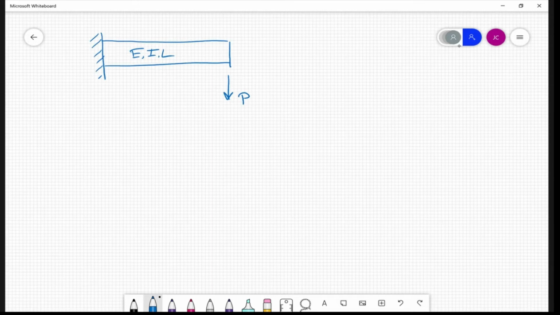If you look in Appendix C, I almost guarantee it is. It's the first case in the second table. You can use that.